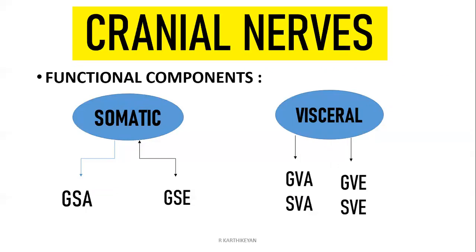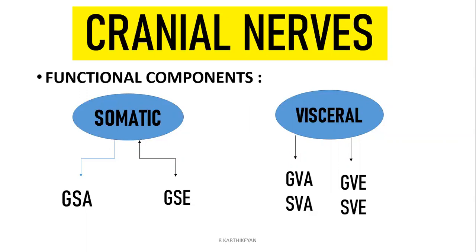By center, I mean your CNS. The nerve fibers which arise from different parts of the body and go to the CNS are called afferent fibers. And the set of nerve fibers which arise from the CNS and go to different parts of the body are called efferent fibers.